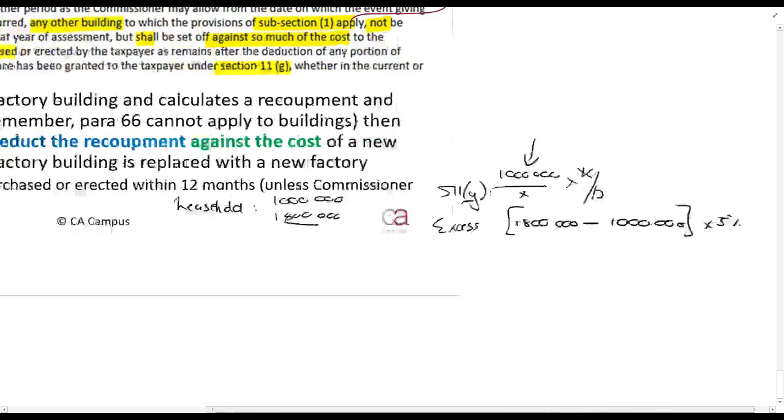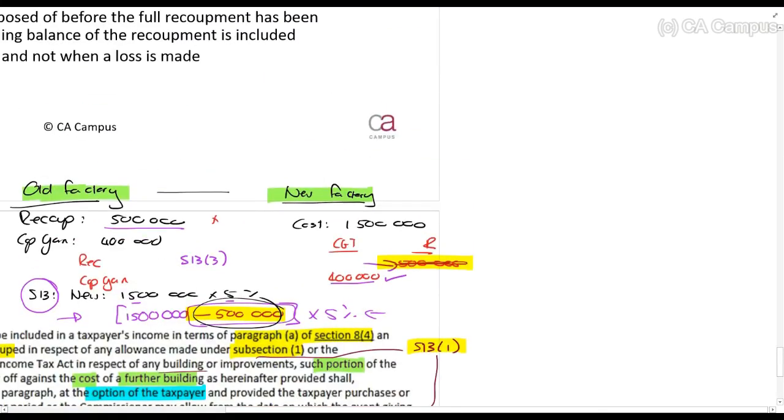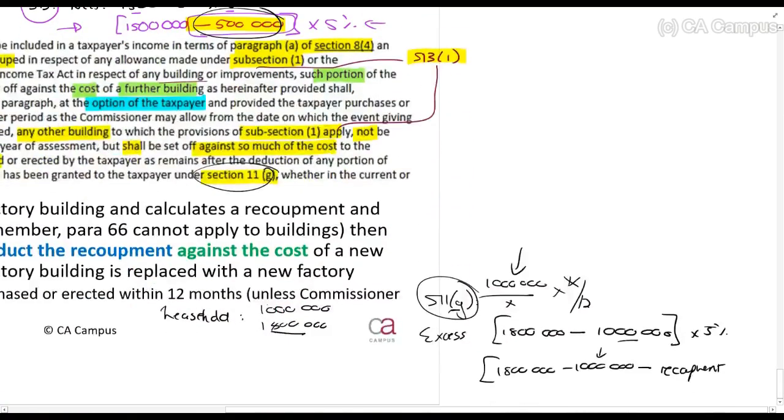Basically, if section 13 applies, you would still do the same, 1.8 million minus a million. That million, which applies to section 11G, is what they talk about there. So they say, take that million out, and then from that amount, deduct the recoupment. So if it was my example here, this recoupment of 500,000, you would then deduct that further there, and then you multiply it by 5%.